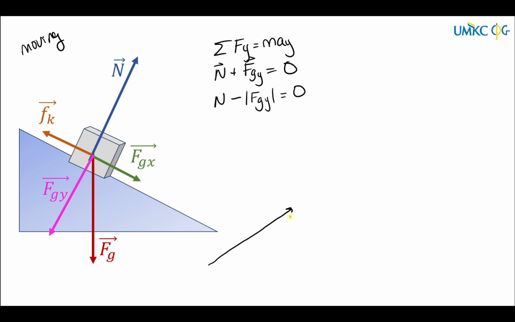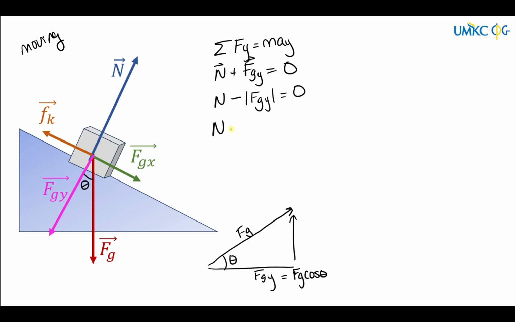If we recall, our force of gravity is going to be the hypotenuse. Our angle, theta, is found here. So FGY is going to be cosine, because it's on the bottom. If you don't remember why, go look at the non-friction video again.